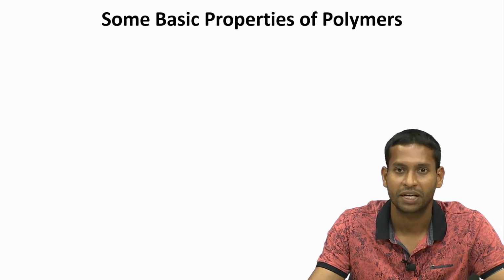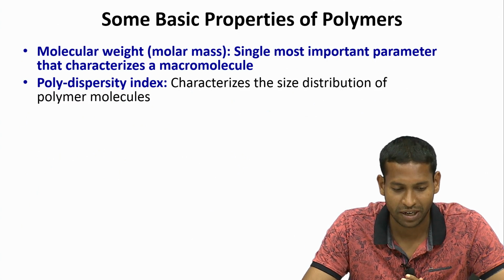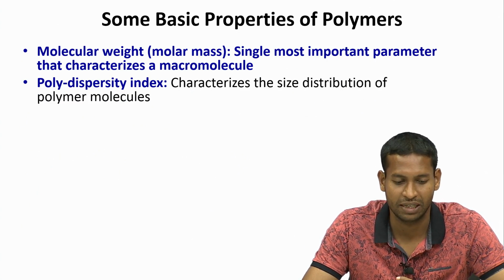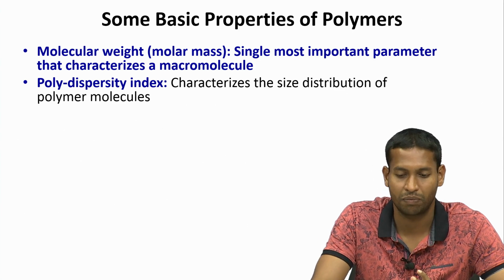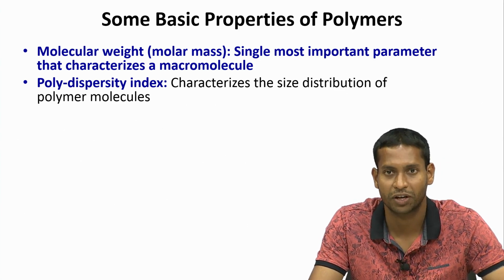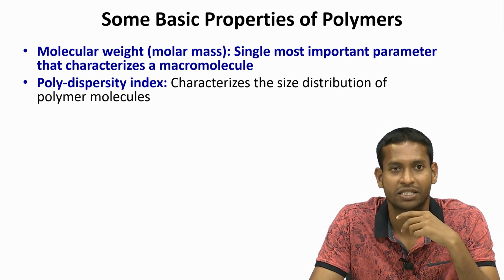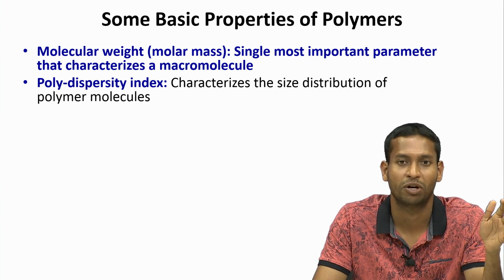Okay, so we are going to talk about some basic properties of the polymers. The molecular weight, essentially the molar mass, is the single most important parameter that characterizes a polymer or a macromolecule. We are going to talk about this throughout this course. Polydispersity essentially tells you the size distribution of the polymer molecules.